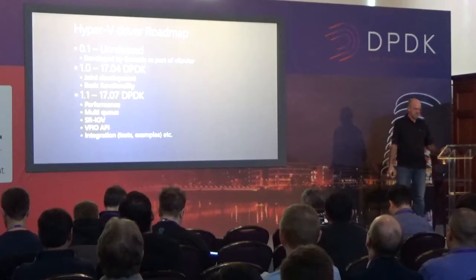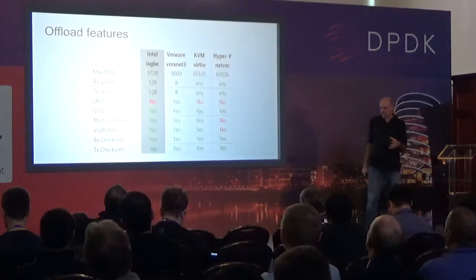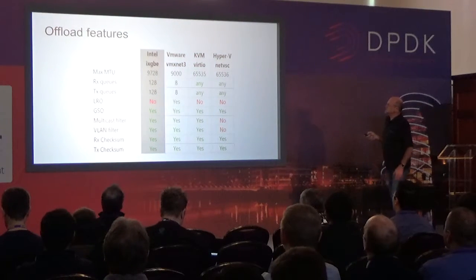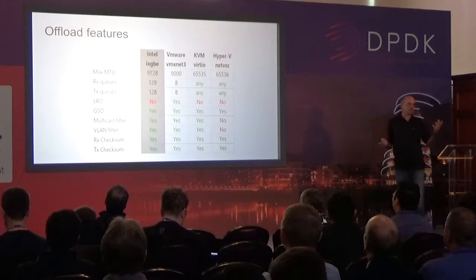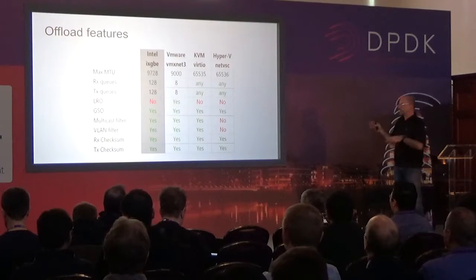And just to give you an idea about offloads, I just chose the Intel 10 gig NIC because everybody in the room is familiar with it. I have this big table of all the features and cut it down for a slide.